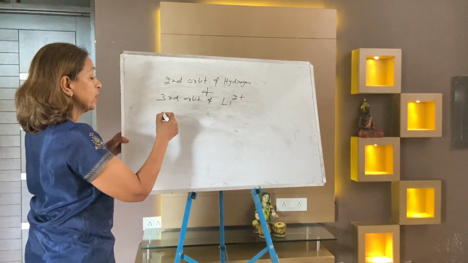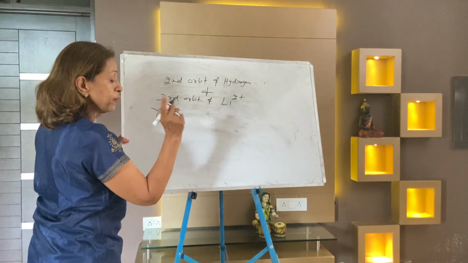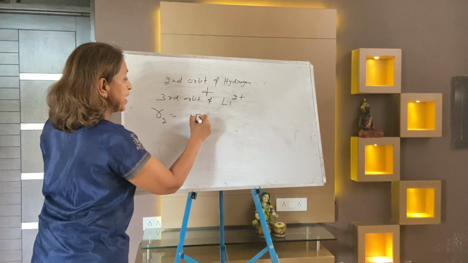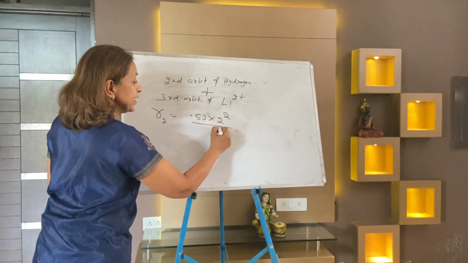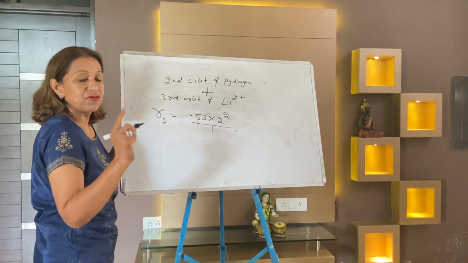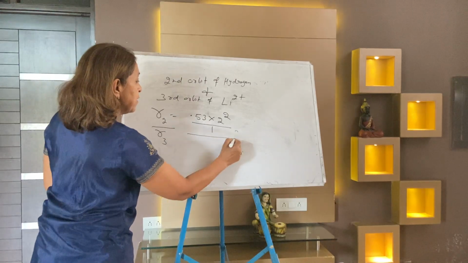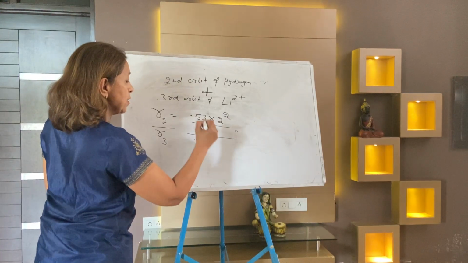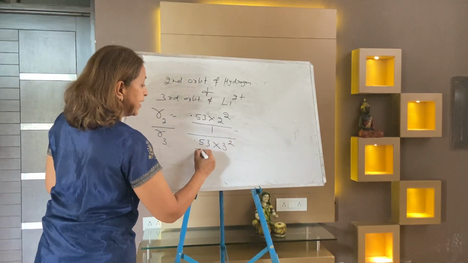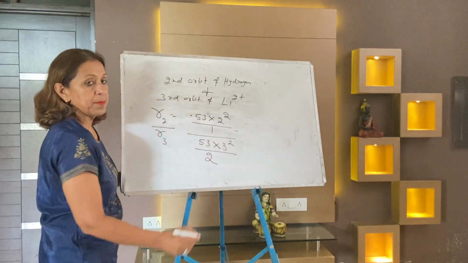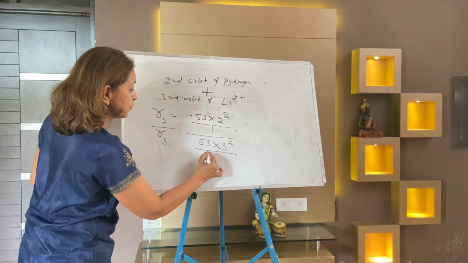So it is the radius of the second orbit of hydrogen, 0.53 into n square, n square is 2 square, by Z, which is 1, the atomic number of hydrogen, divided by the radius of the third orbit, again 0.53 multiplied by n square, which is 3 square, and Z is the atomic number of lithium, which is 3. It's not helium, it's 3.